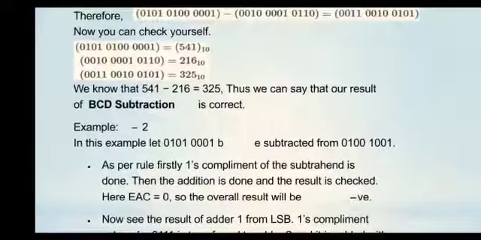After that we write the subtrahend value like this. First we do the ones complement of the subtrahend values, and after that we add them to the minuend values. 1 plus 1 is 0 and carry 1.